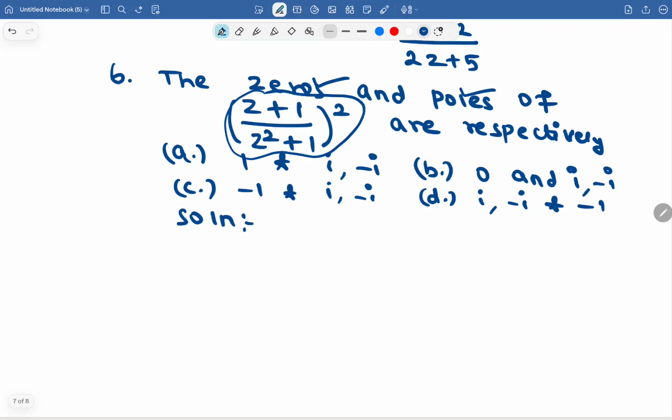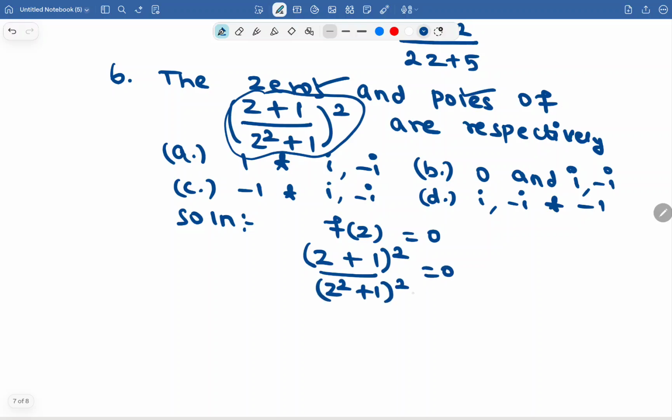Solution: zeros of f of z is nothing but f of z must be equivalent to 0. Here f of z is (z plus 1) whole square by (z square plus 1) whole square equal to 0.